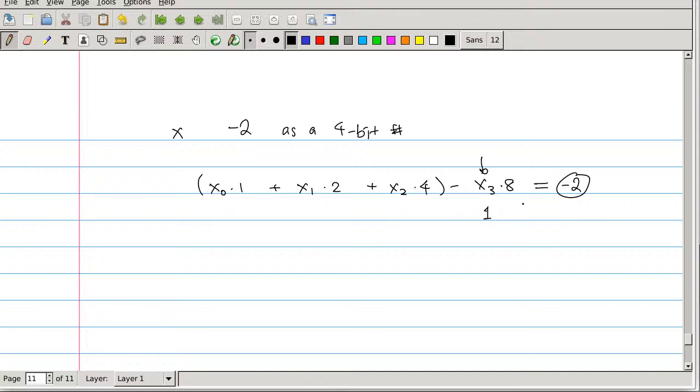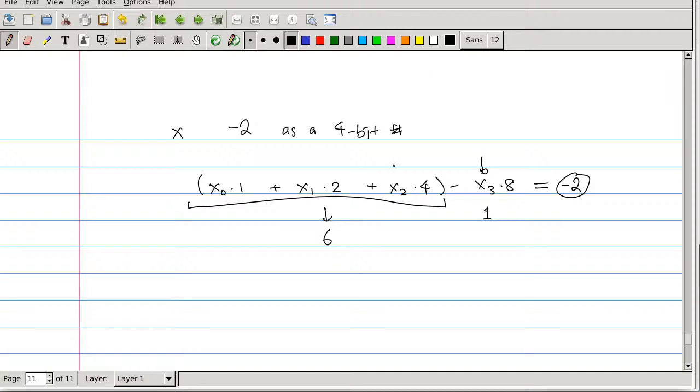So there's a -8 and then plus something over here that will give us a value of -2. So all of these have to add up to what? 6, right? Because 6 minus 8 is -2. So when all of these need to add up to 6, this boils down to basic base conversion.